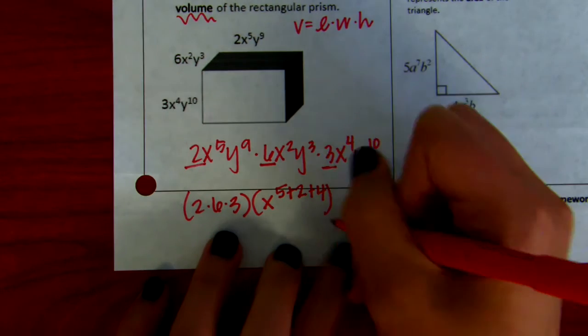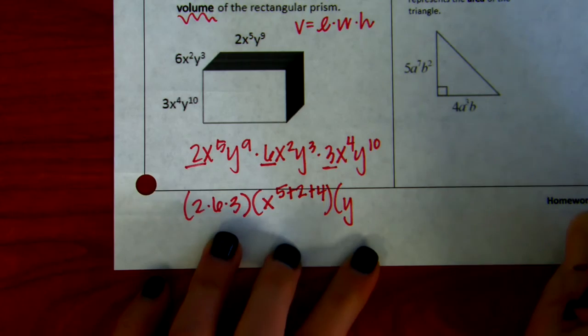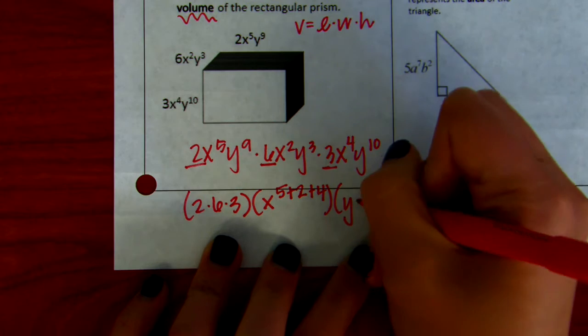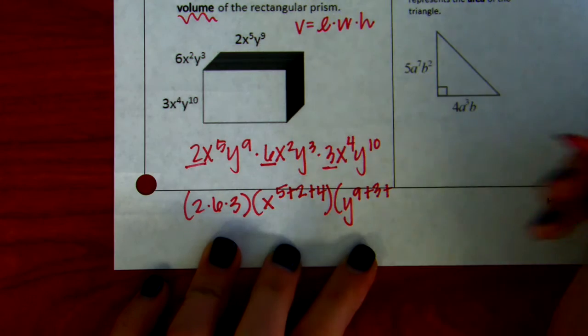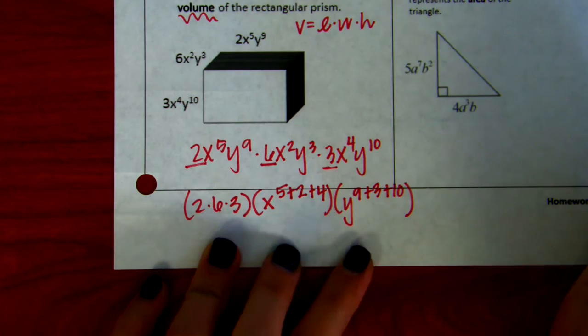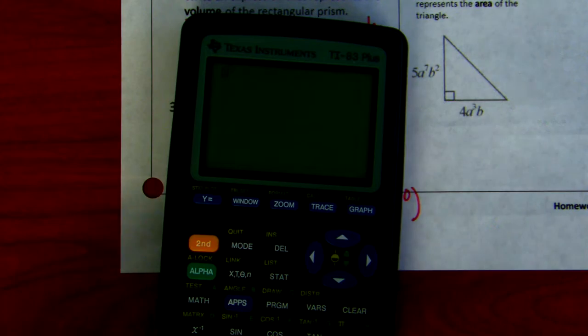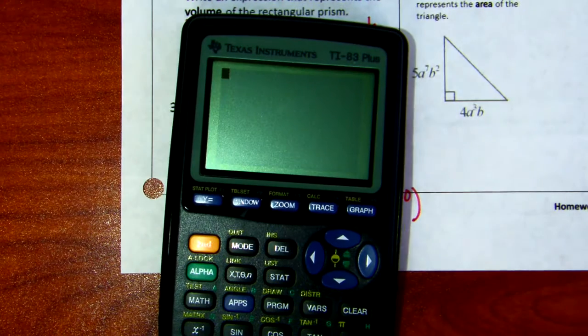What about my y's? What's my first exponent with y? 9 plus 3 plus 10. What's 2 times 6 times 3? 36.